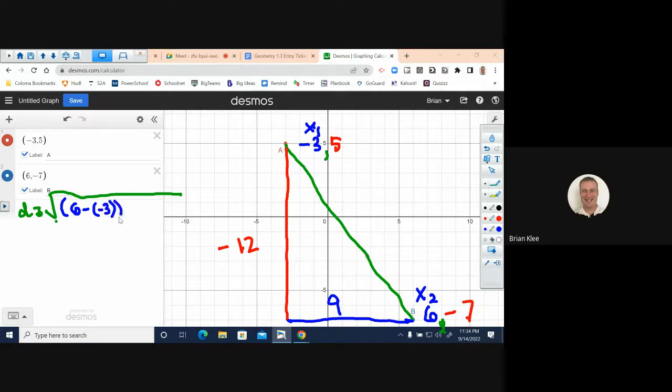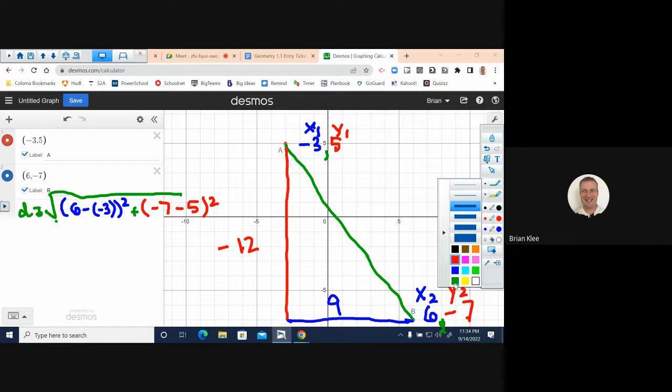So I got 6 minus -3 squared plus, and all that is, those are my x values. x2 minus x1. Here's my y1. Here's my y2. I need to subtract those and square them. So I got -7 is my y2. 5 is my y1. Subtract the y's and square them.